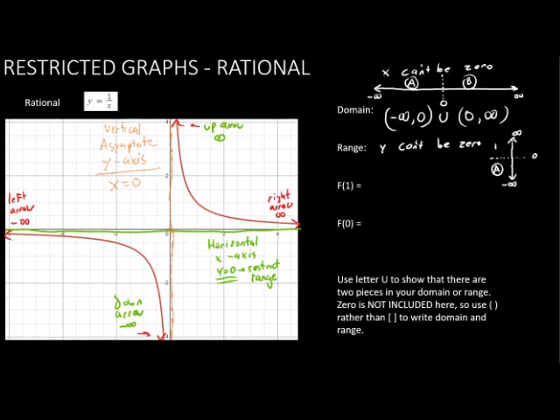Piece A at the bottom, piece B at the top, because we always read the range bottom to top. So piece A also goes from negative infinity to 0. We'll also use parentheses because of that asymptote. That means that 0 is not included in our range because we never reach it. Piece B will go from 0 to infinity, starting at 0, going to infinity.